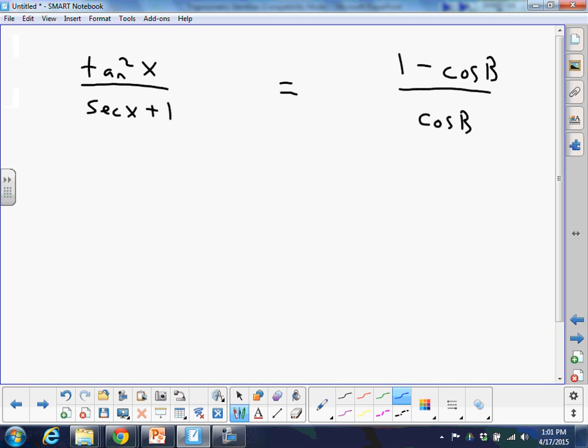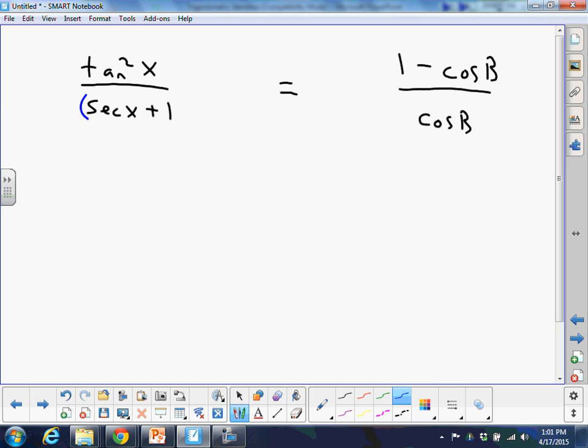So if you wanted to do conjugates, you could multiply by secant x minus 1, or you could use a Pythagorean identity to replace the tangent squared up there. Or similarly, another option that would probably work would be to multiply this right side by 1 plus cosine b, top and bottom. Okay, so they're all out there.